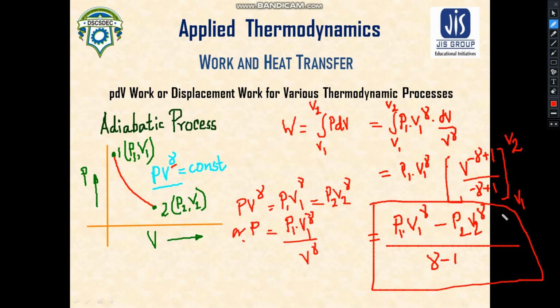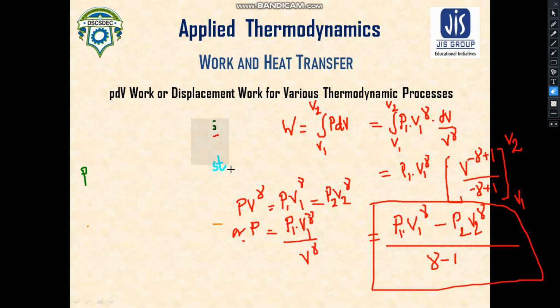Now a process similar to the adiabatic one is also sometimes given in your problems. It is called a polytropic process. I'm clearing this part, leaving it for some time.